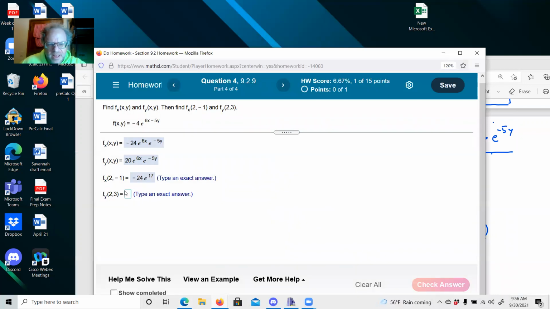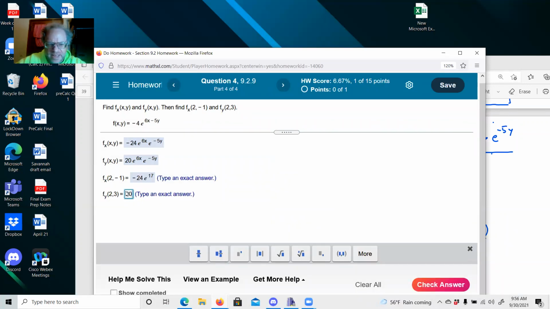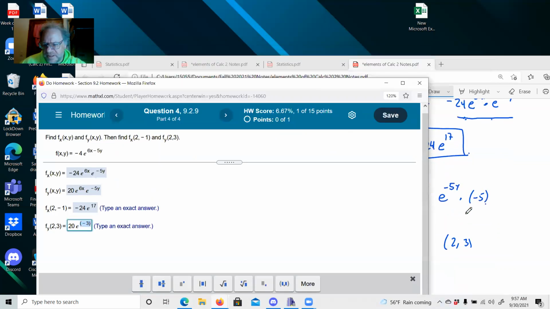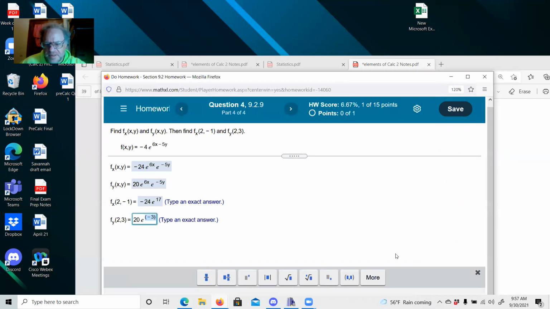All right, and this was 20 e to the negative 3. All right, double checking a little bit here. 20 e to the negative 3. There we go.